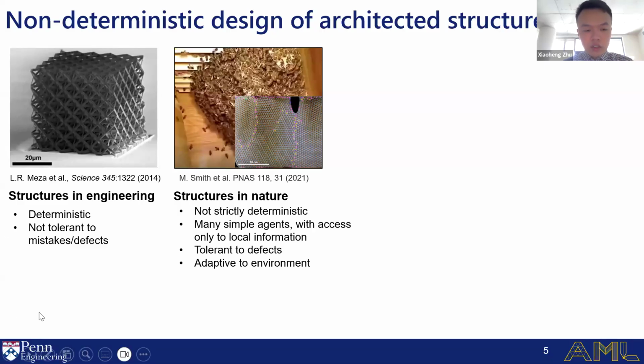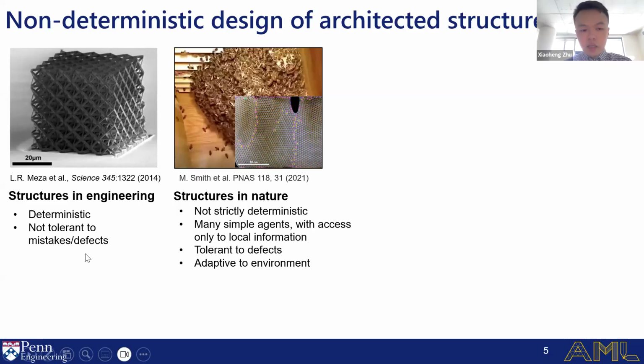So for the structures in nature, just like what we showed in the previous slides, they are quite deterministic. Which means after the engineers confirm the design scope and the design parameters, they will fabricate thousands or even millions of the same samples.